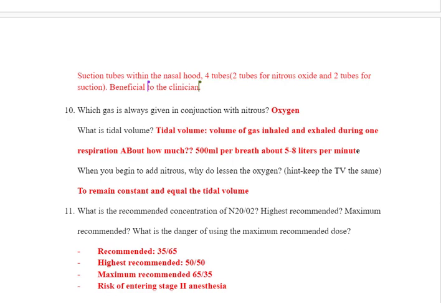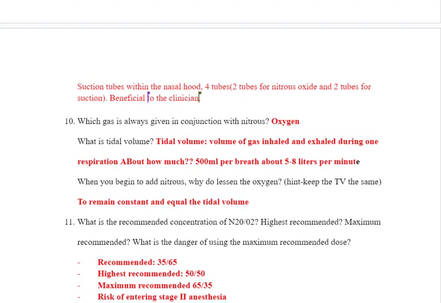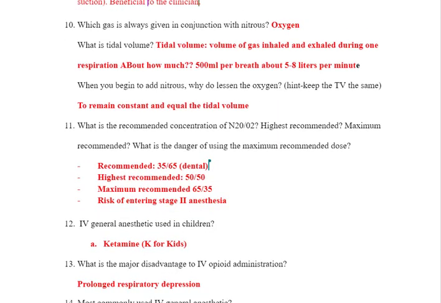For dental hygiene, we are keeping it at 35 nitrous, 65 oxygen. When you start going up to 50-50, that's when you risk someone entering stage 2. So you don't want to do that.